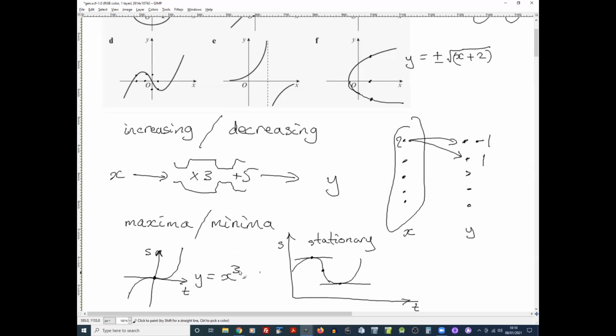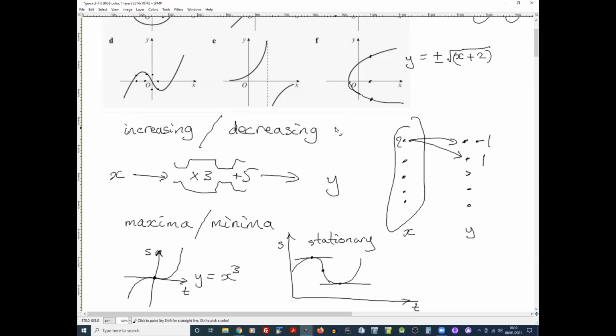Just like maxima and minima are both stationary points, increasing and decreasing are both one-to-one, which we've mentioned.